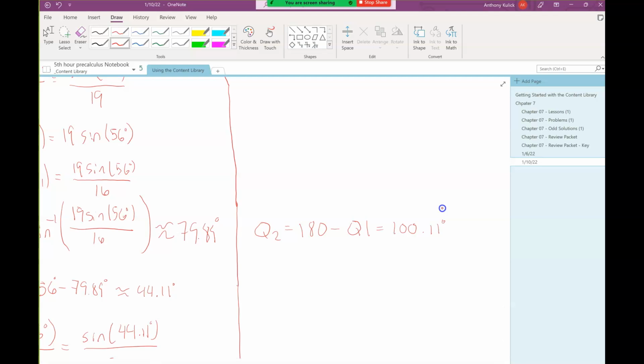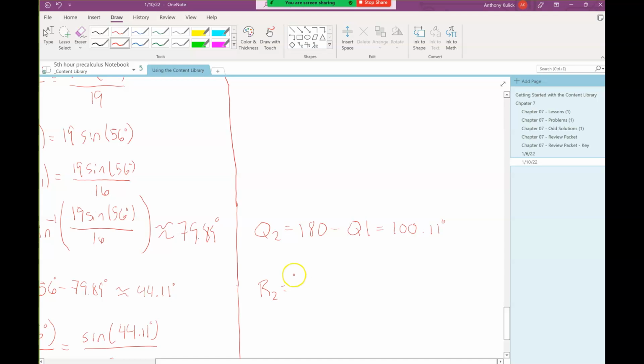Oh, okay. Well, that's a lot easier than having to use the law of sines to find that angle Q2. I just take my answer from triangle 1 and subtract it from 180. Can I do the same thing for R2? Heck no, you can't.